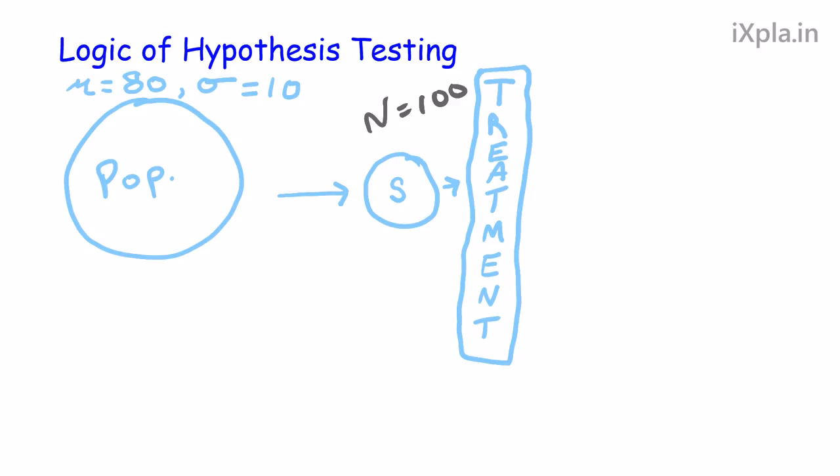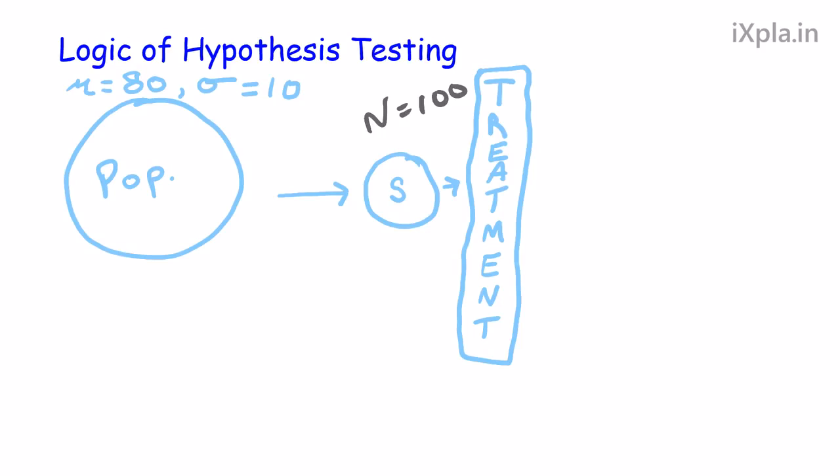In order for you to understand the logic of hypothesis testing, you have to think about this question. In this example, what score do you think this sample would give on this test, this sample of 100 people? What score would they get on the test if the treatment did not work at all?